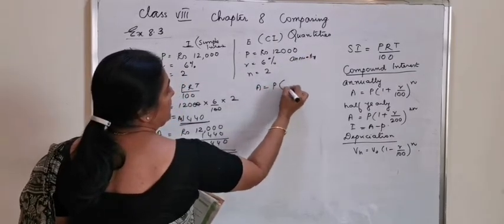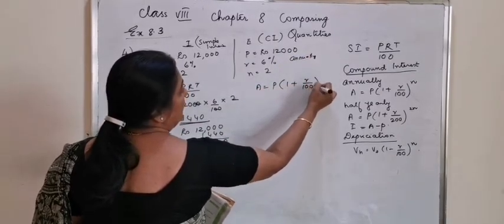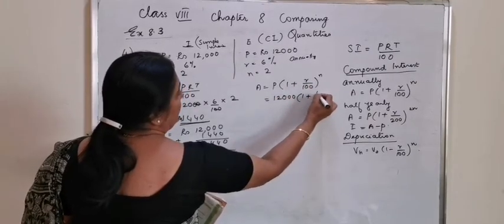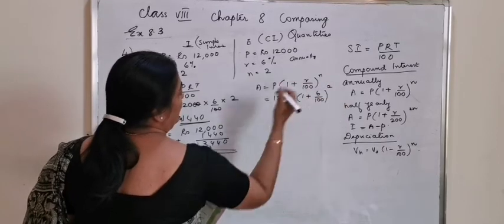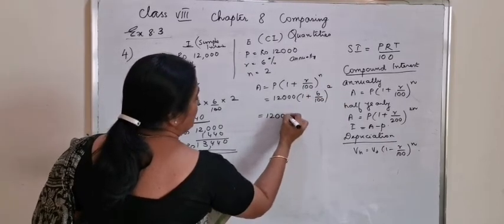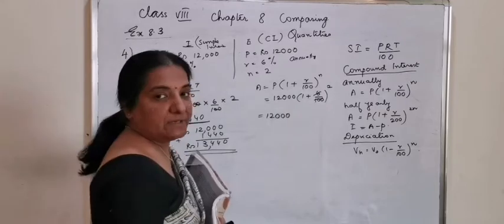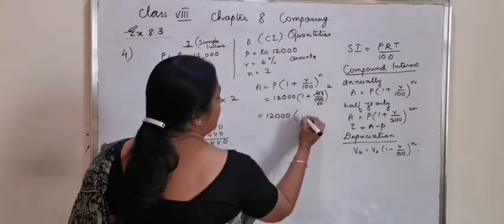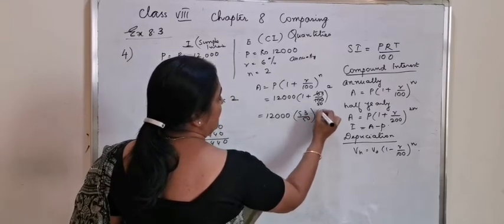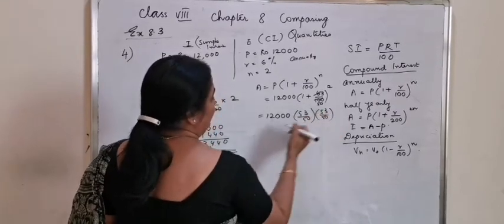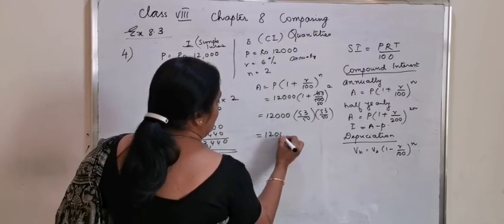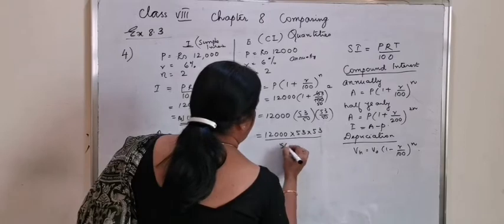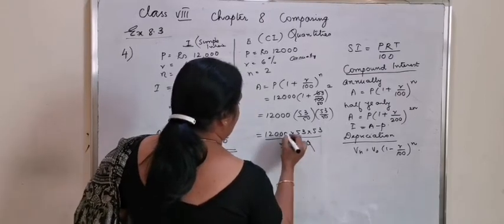Amount is equal to principal into (1 plus R by 100) to the power of N, 12,000 into (1 plus 6 by 100) to the power of 2, 12,000. This can be reduced as 3 by 50. So by LCM it is 53 by 50 into 53 by 50, that is 12,000 into 53 divided by 50 into 50.